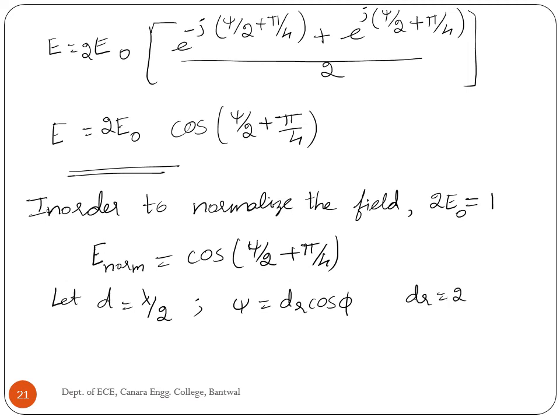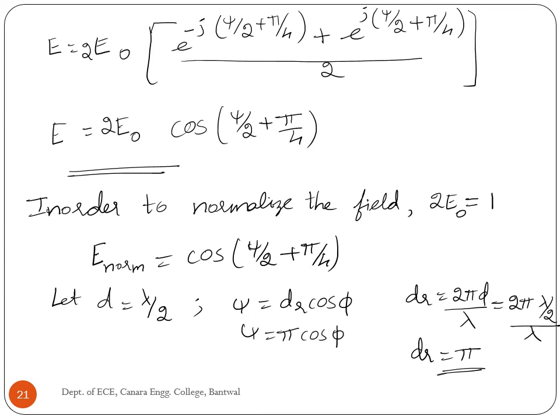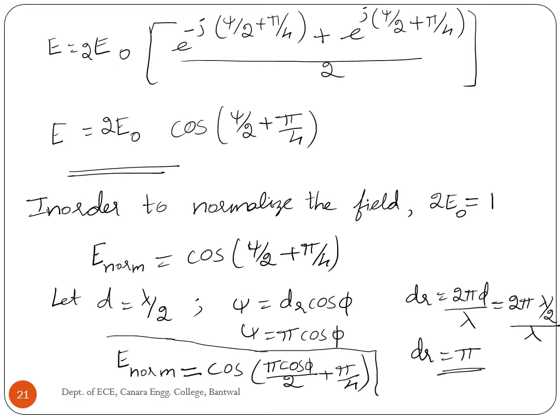Dr is equal to 2 pi d by lambda. When I substitute 2 pi times lambda by 2 divided by lambda, dr is equal to pi. Therefore, xi is equal to pi cos phi. Then I can substitute the xi value into the E normalized equation: cos of (pi cos phi divided by 2 plus pi by 4). This is the E normalized equation.